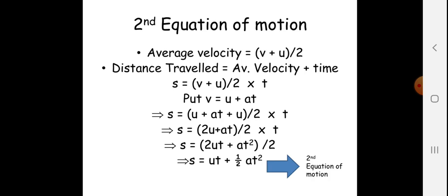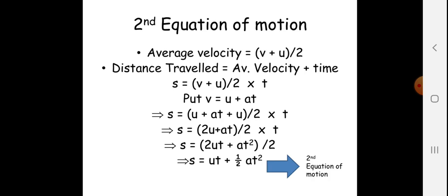Now let's multiply t with the bracket. So what you get is 2ut plus at square divided by 2. Now 2ut, if you divide by 2, the 2 gets cancelled. So the resulting equation is s is equal to ut plus 1/2 at square.